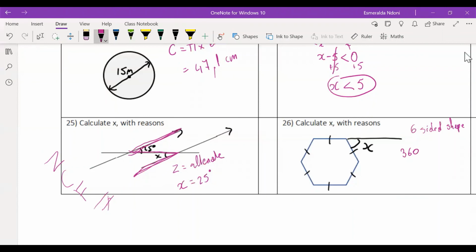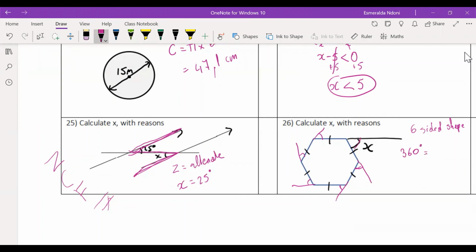What it means by that is this x here, with this one there, that one there, this one, that one, and that one, all of them together must give you 360. It's 360 in all shapes. If it's a 5-sided, or 4-sided, 6, 7, and so on. So all of them are 360.